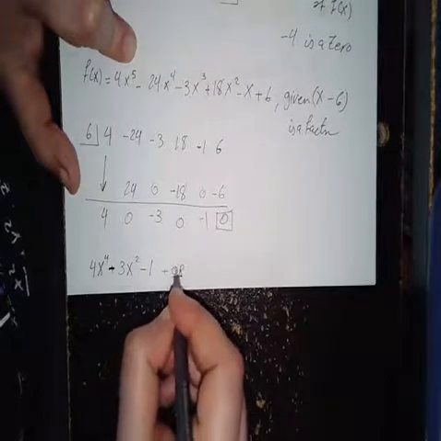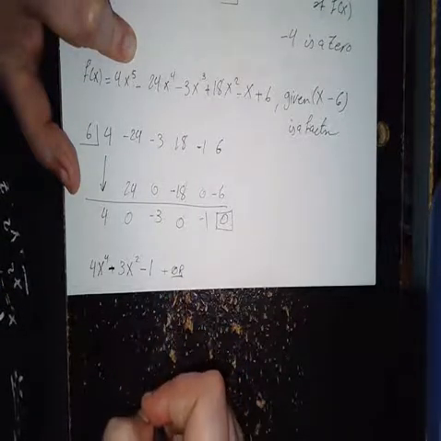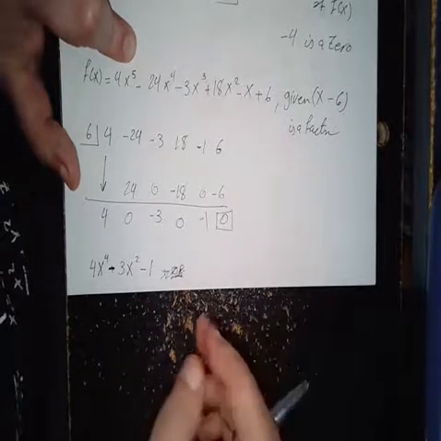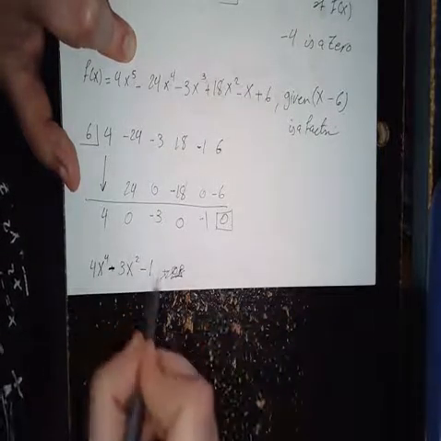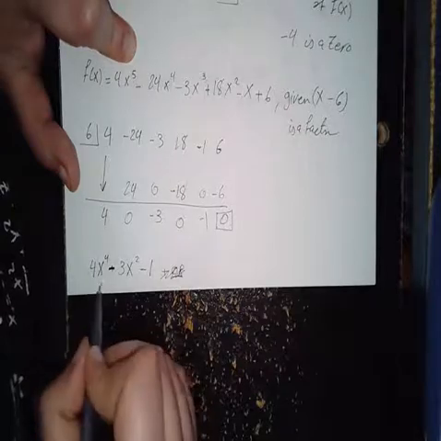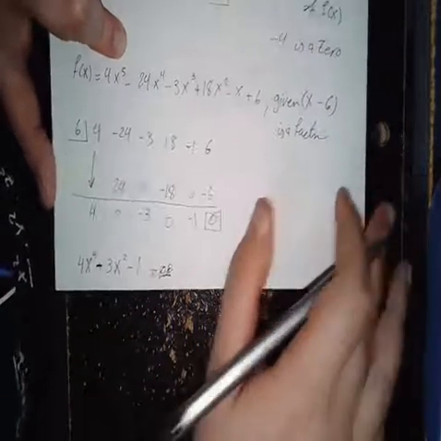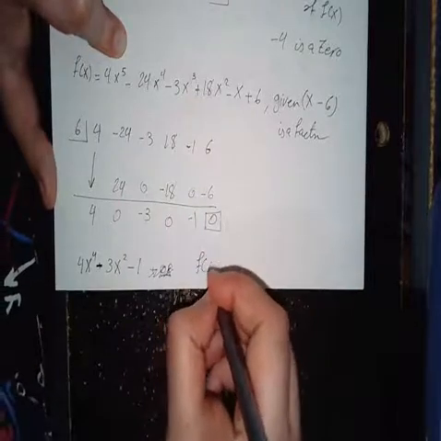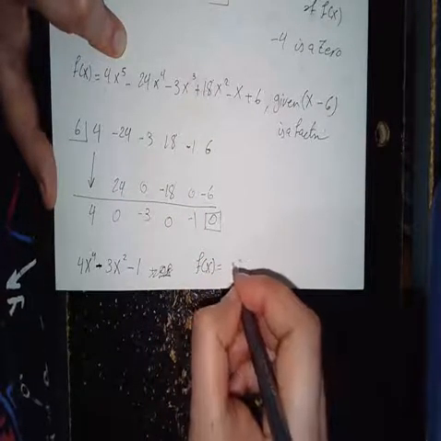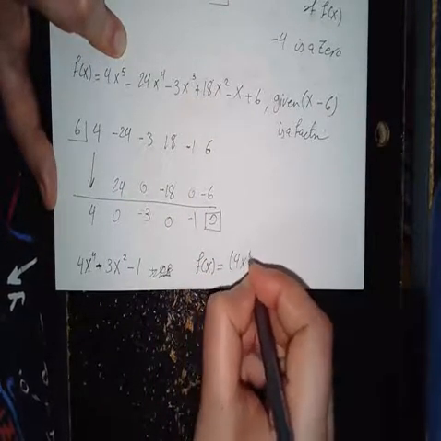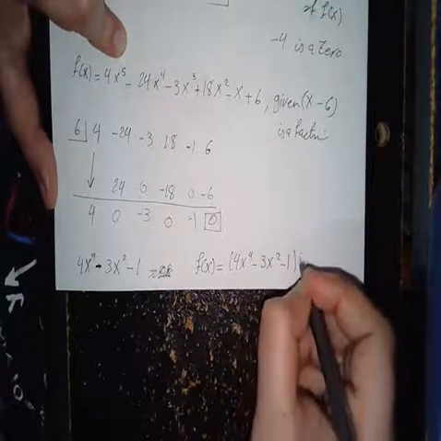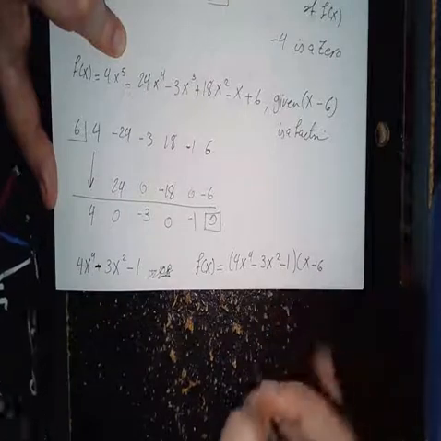Right? So you don't have to write this down, by the way. This is just my way of telling you that we had no remainder. So this is the result of the function after we did the division. So basically, this f of x now looks like this. F of x equals 4x to the 4th minus 3x squared minus 1 times x minus 6.